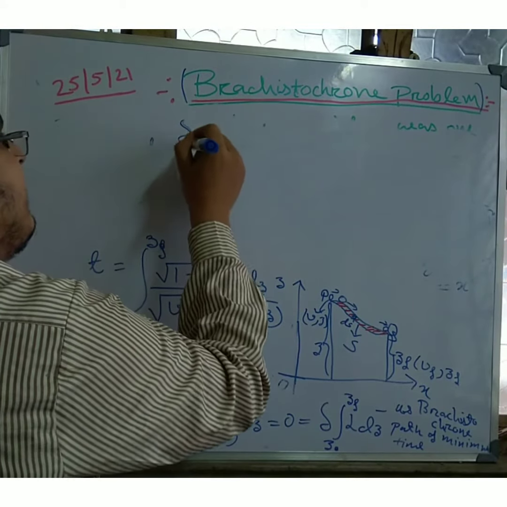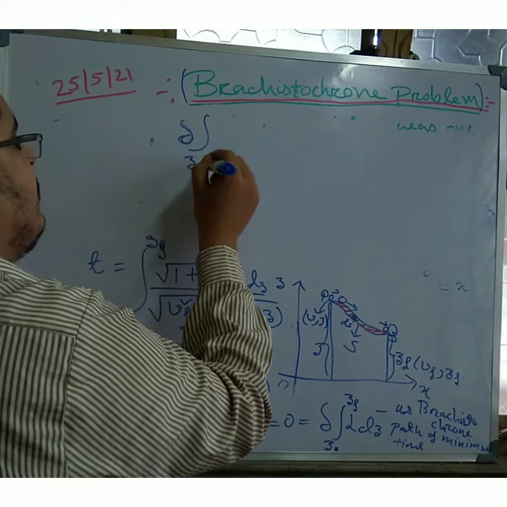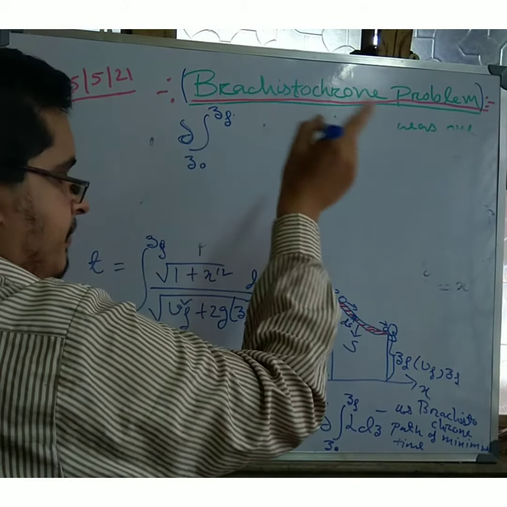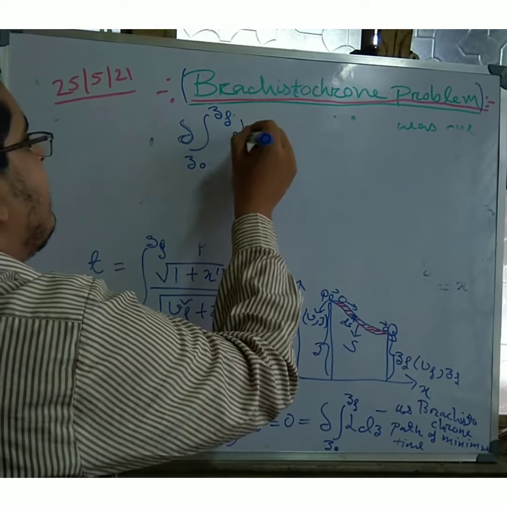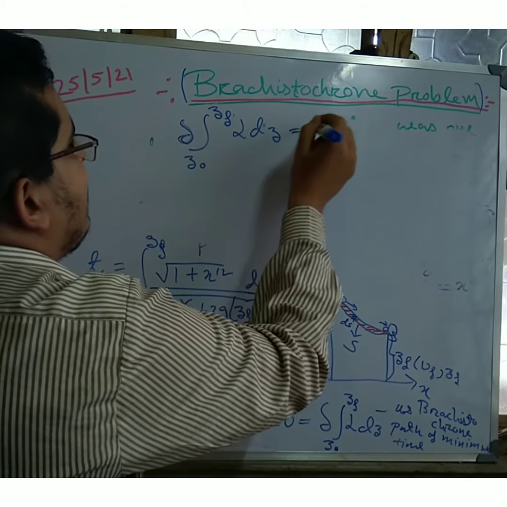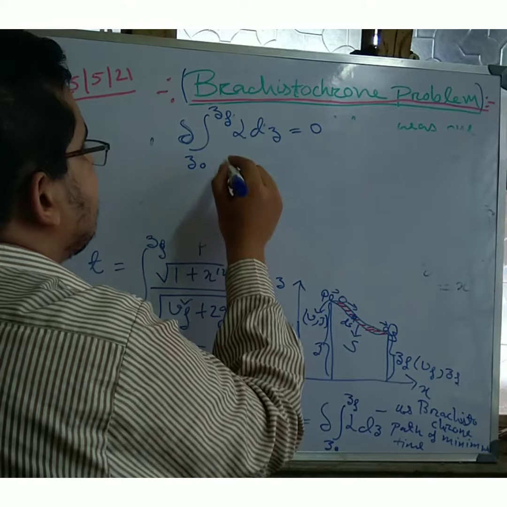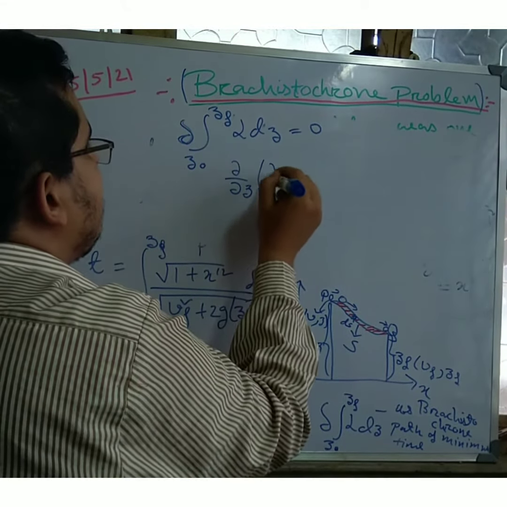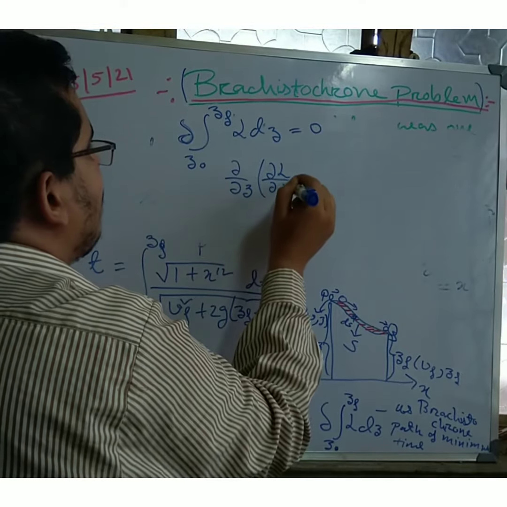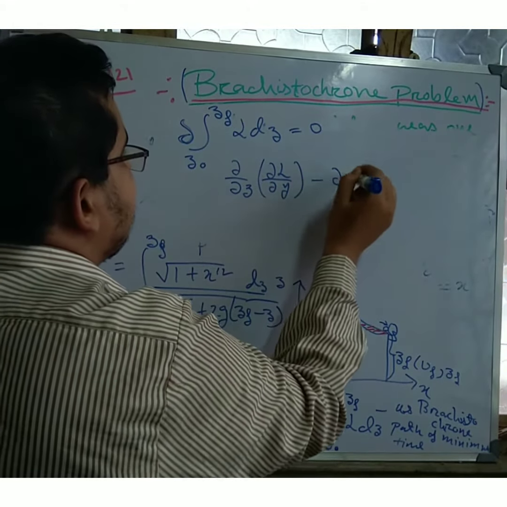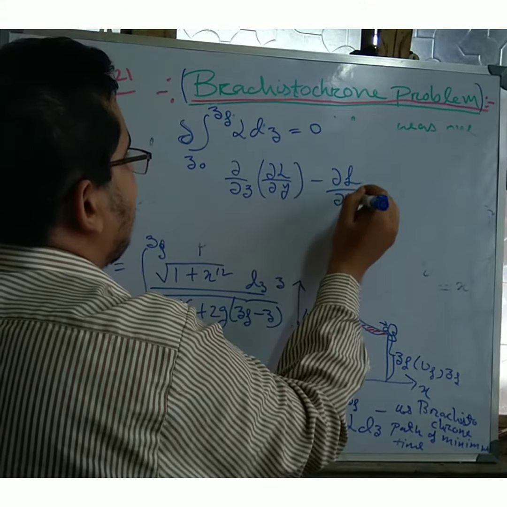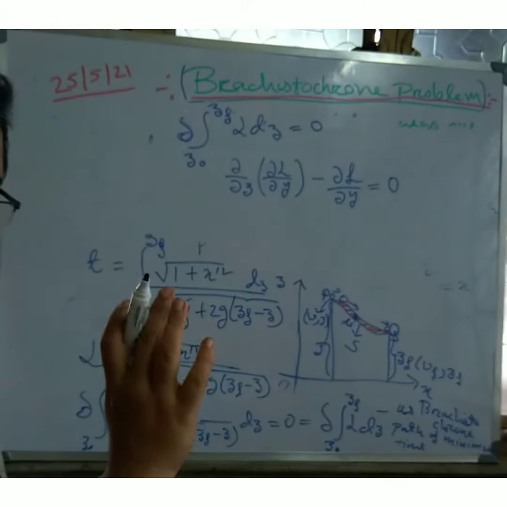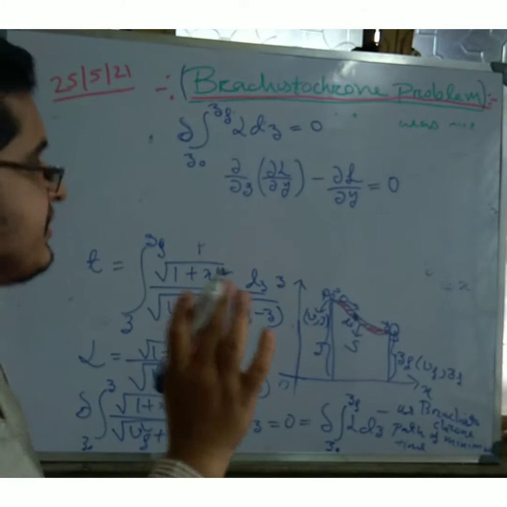Del of the integral from z0 to zf of L dz equals 0, means it shows del by del z into del L by del y minus del L by del y equals 0, friends. I hope it is clear.